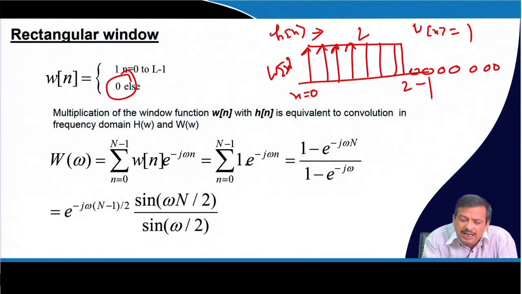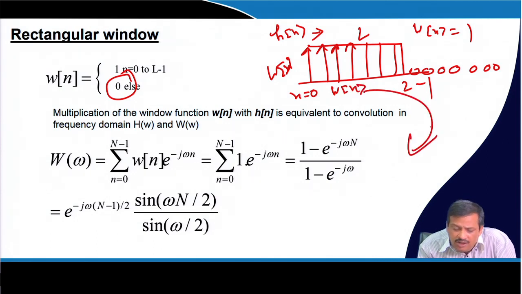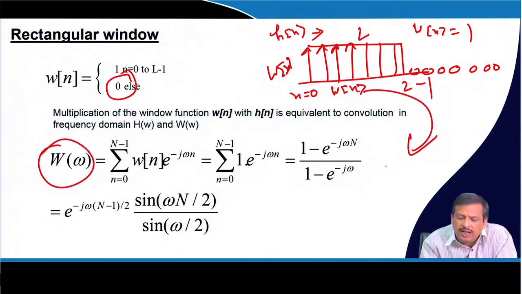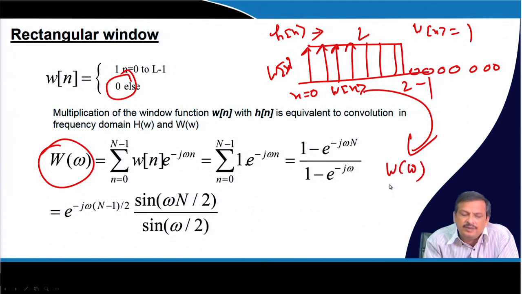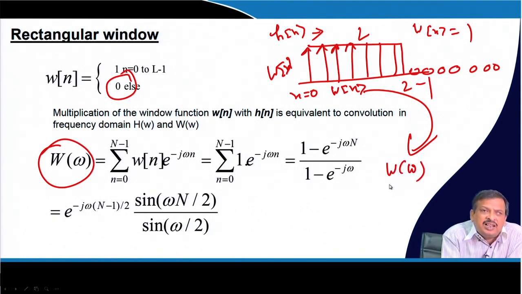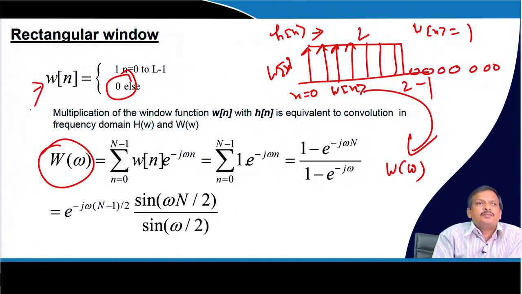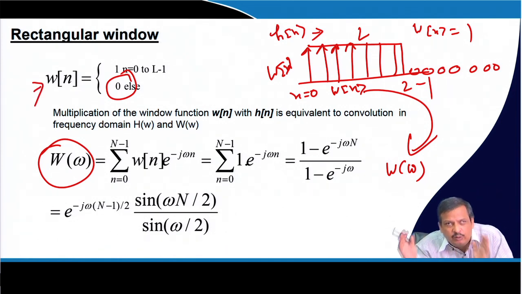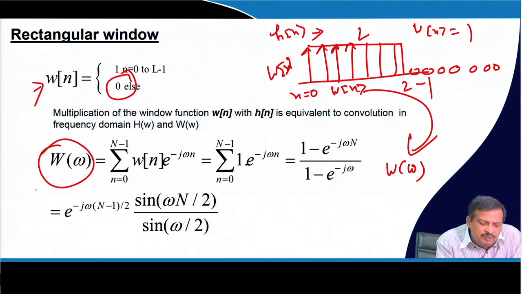Now, if this is my impulse response small w of n, then what is the frequency response W of omega? Nothing but the discrete Fourier transform of w of n. So, w of n is a sequence. I have to apply an N point DFT, discrete Fourier transform.